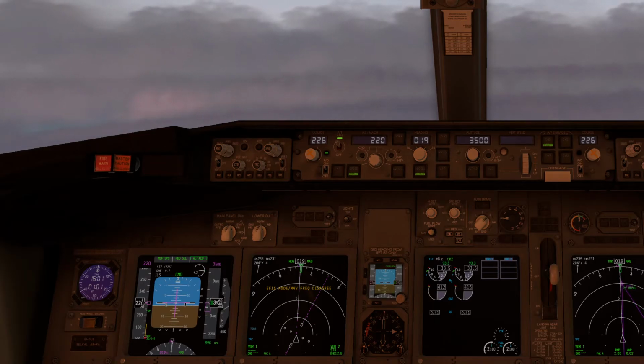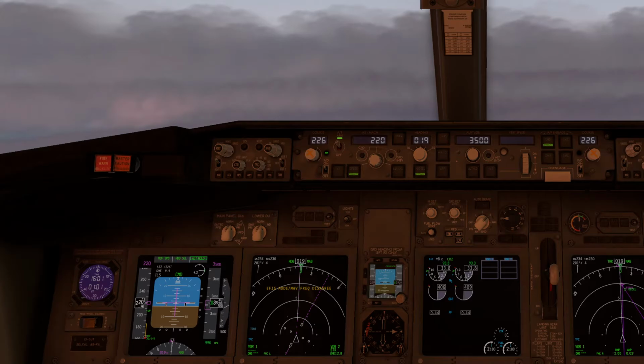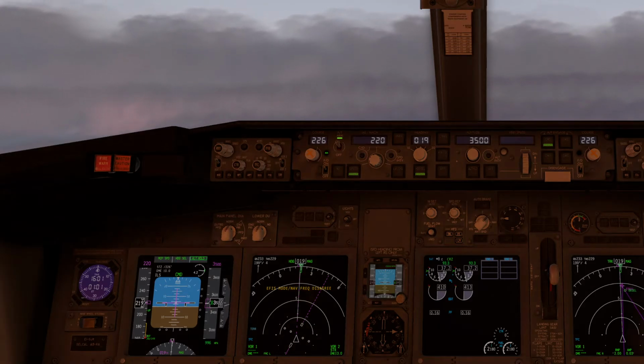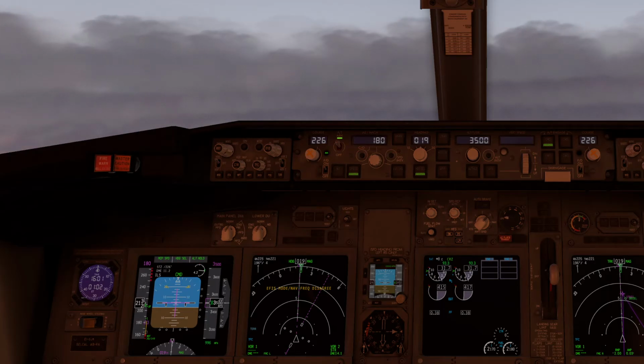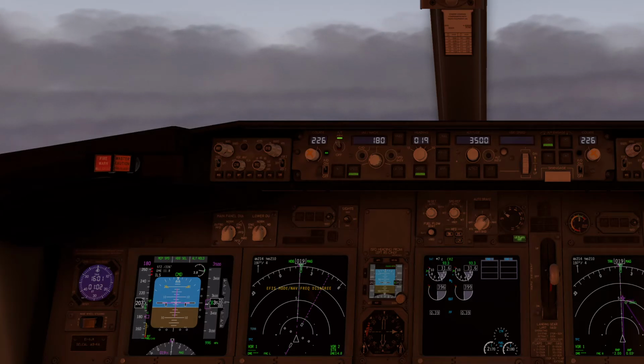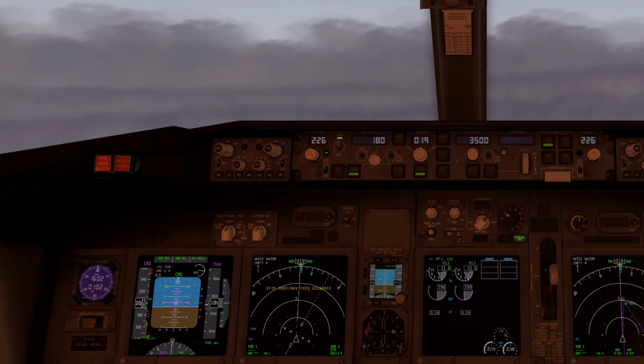And we are now leveling at 3,500 feet. We can reduce the speed to 180 knots and select flaps 1. Speed 200, flaps 2.